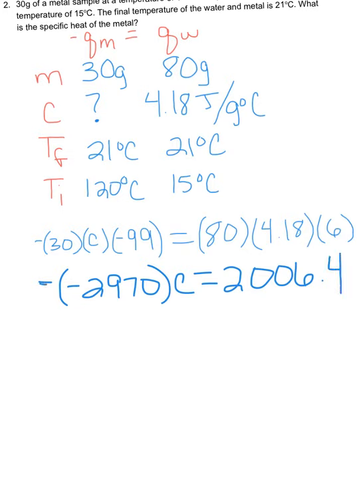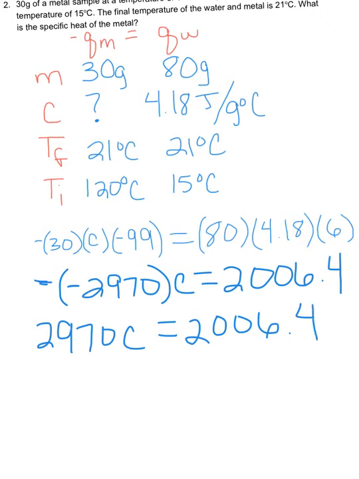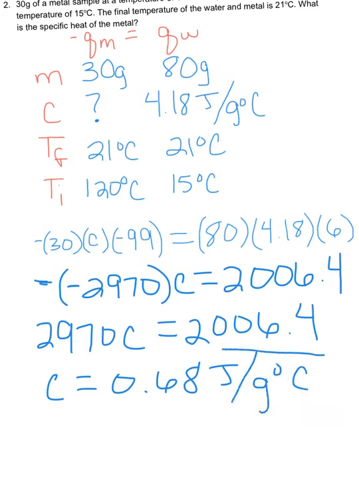These two negatives will cancel each other out, so it's simply 2970 C equals 2006.4. Little bit of algebra, right? We're going to solve for C. How do we do that? We divide by whatever's next to C. So I'm going to divide both sides by 2970. And the specific heat of the metal that we come up with is 0.68 joules per gram degrees Celsius.